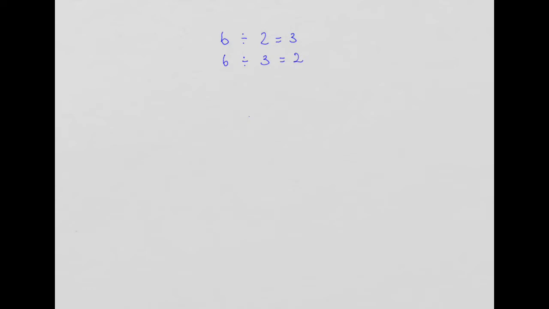That's what we worked out, and we looked at this and realized it was very much like 2 times 3 equals 6 and 3 times 2 equals 6. I told you, right at the end of the last video, that if we know our tables, we can do division using our tables.